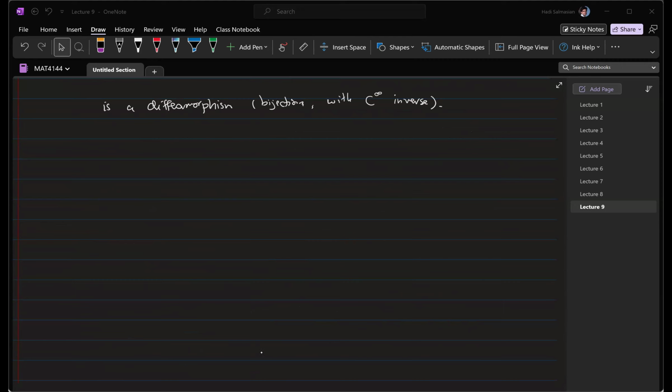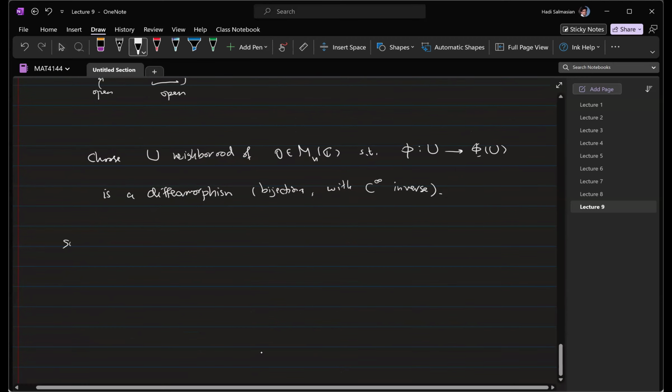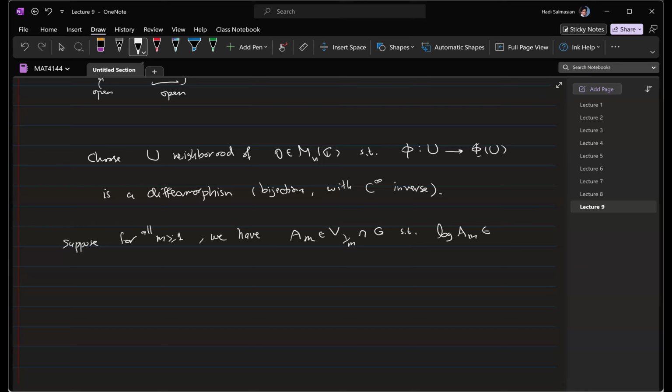Okay, so now everybody's in the middle of the page. So suppose for all integers m bigger than or equal to 1, we have a_m in U_{1/m} intersect G such that the log of a_m, which is defined because 1/m is sufficiently small, is not in G. Maybe I should say m bigger than 10, whatever, to have 1/m less than log 2.